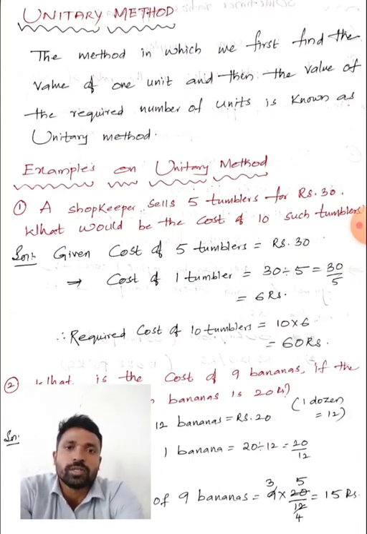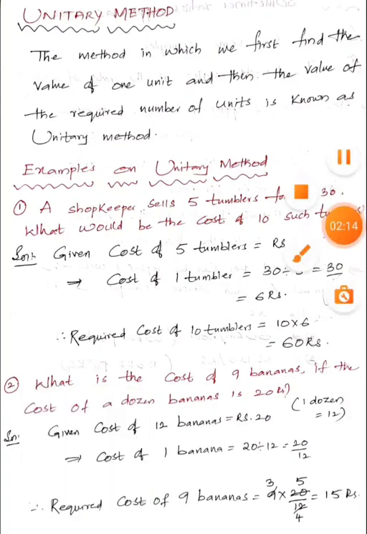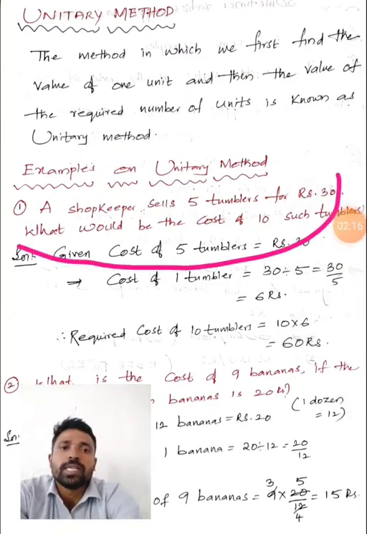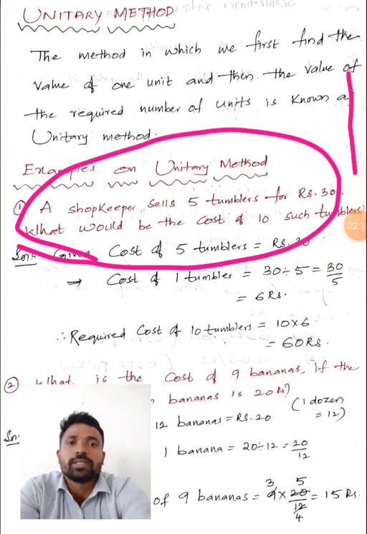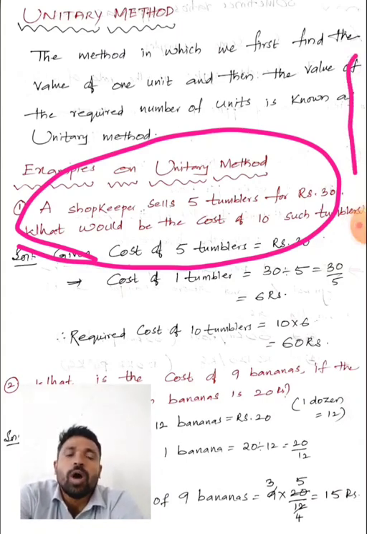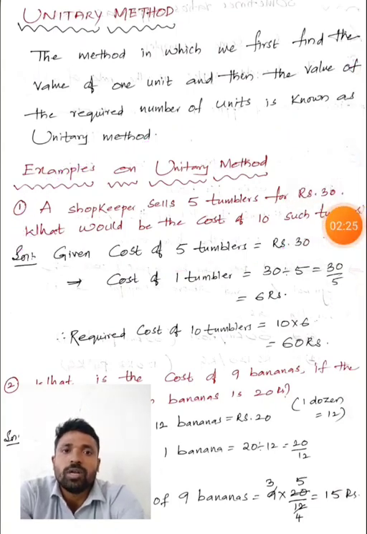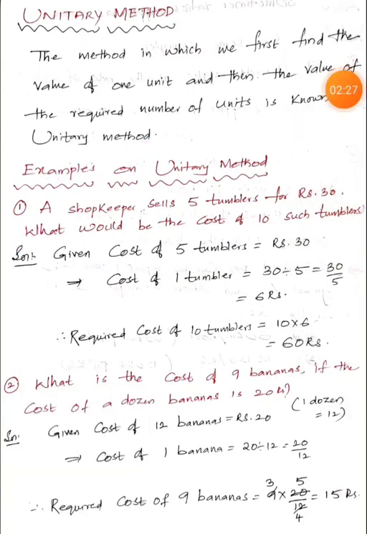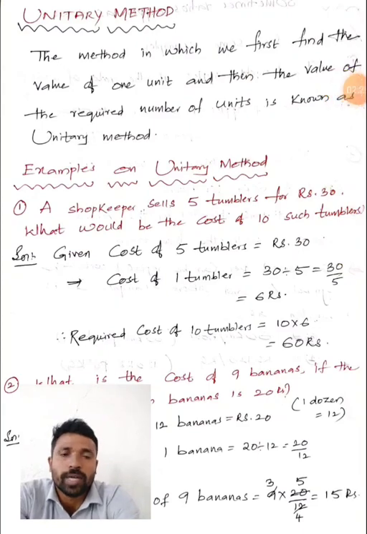Here the first question. A shopkeeper sells 5 tumblers for 30 rupees. What would be the cost of 10 such tumblers? Since we are solving this problem by using the unitary method, first of all we have to find the value of 1 tumbler.